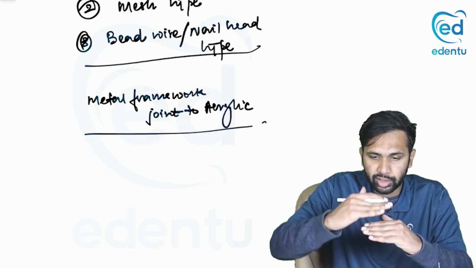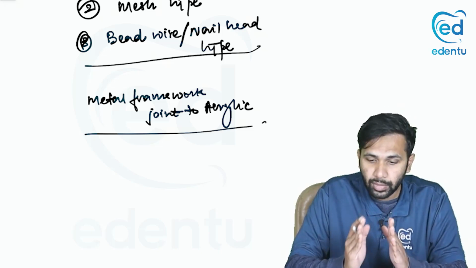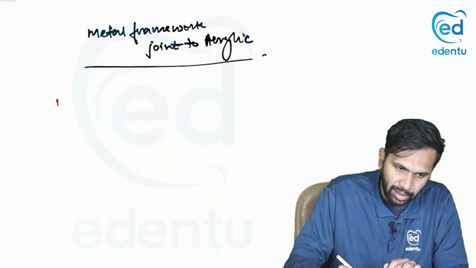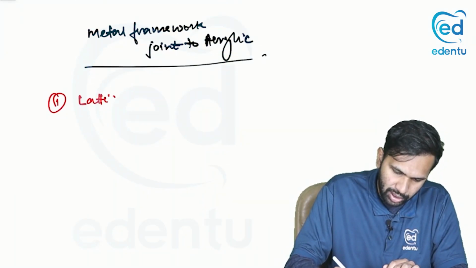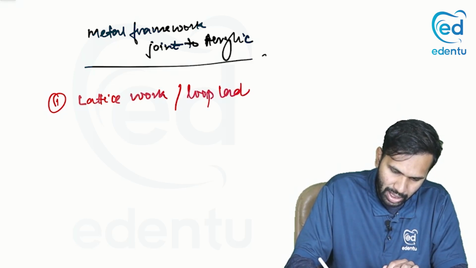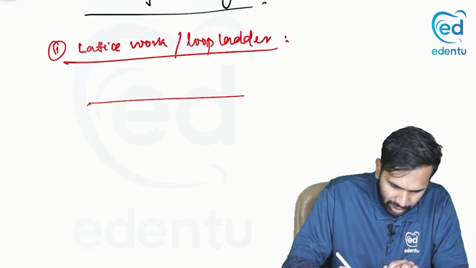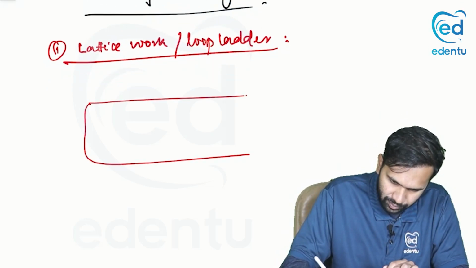So you have metal which is connected to the acrylic, and the connection you call the minor connector. Okay. So coming to the first type, the lattice work or the loop and ladder type of minor connector, you have the minor connector like this.